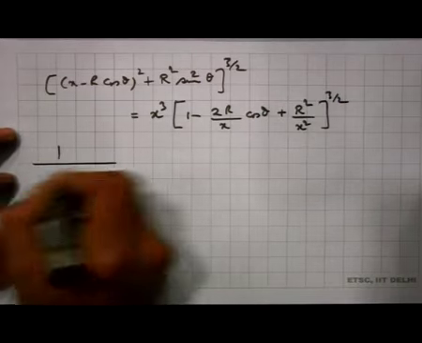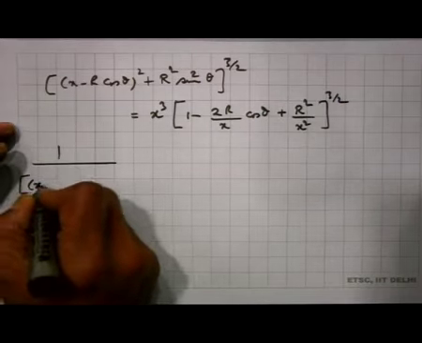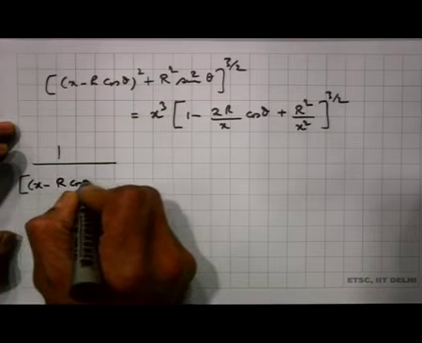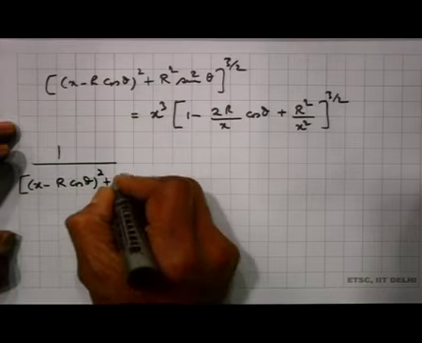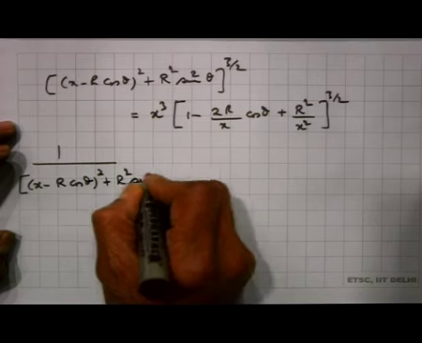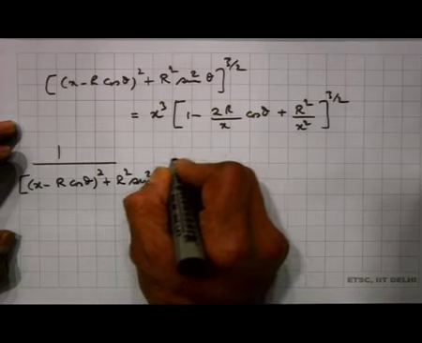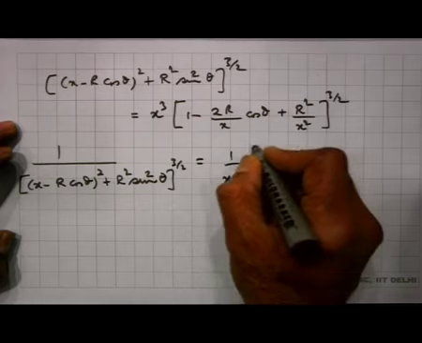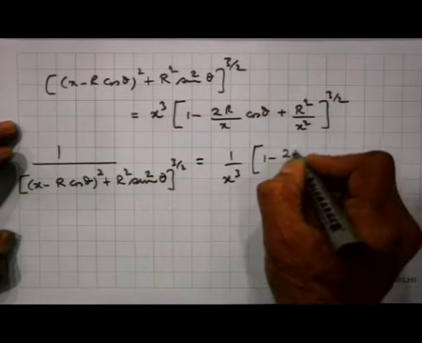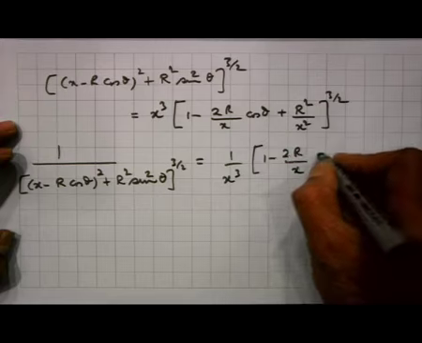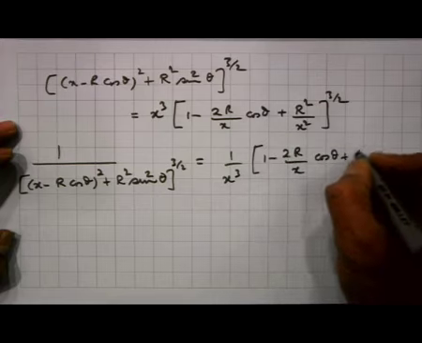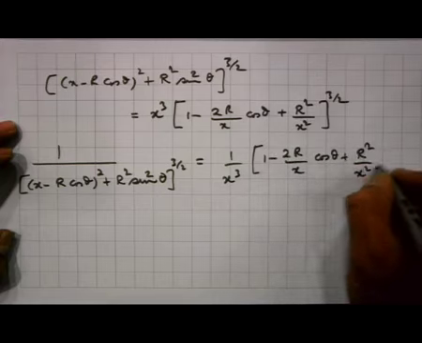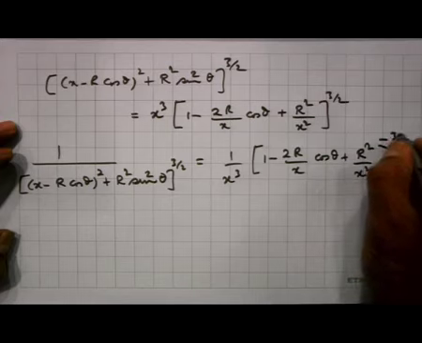So, 1 divided by this expression is 1 by x cube into (1 minus 2 r by x cos theta plus r square by x square) raised to the power minus 3 by 2.